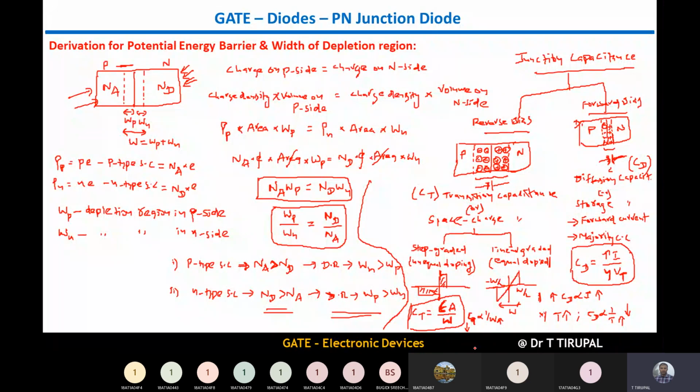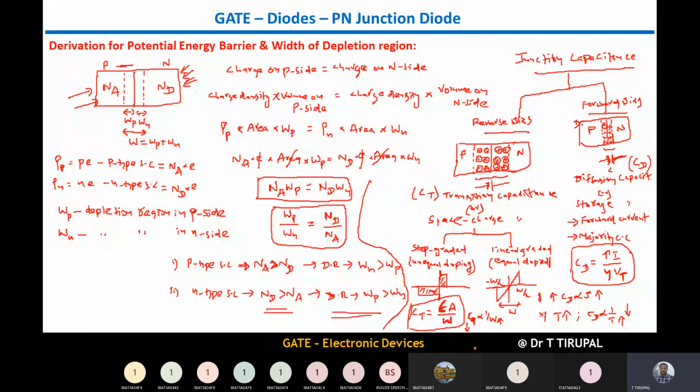At the end we will do some problems regarding all this that we are studying about the PN junction diode. This is the junction capacitance we have observed. You can verify it, and these are the important formulas I have kept in the box. Na into Wp is equal to Nd into Wn.